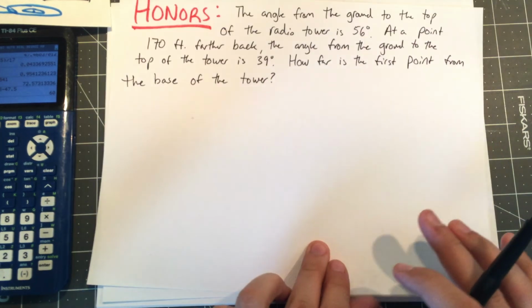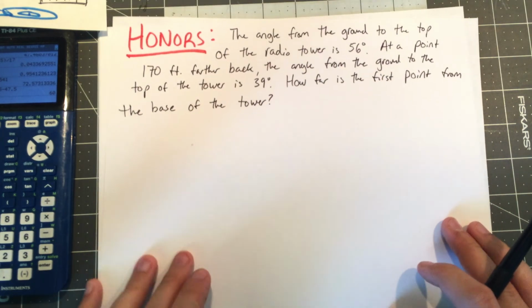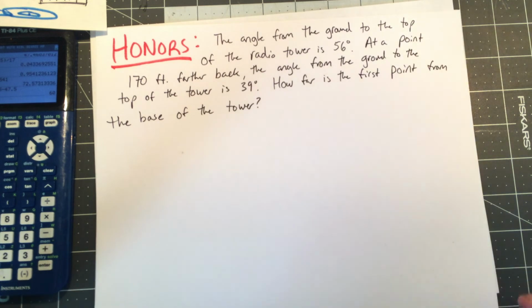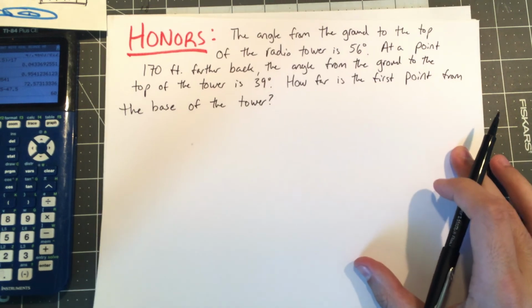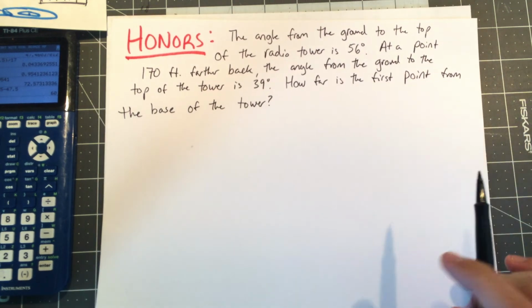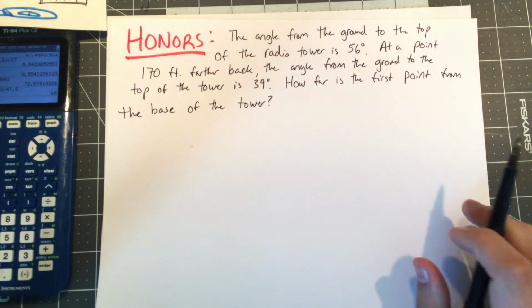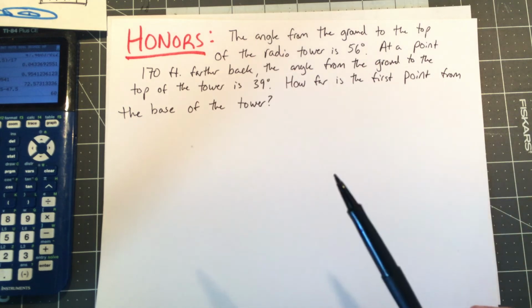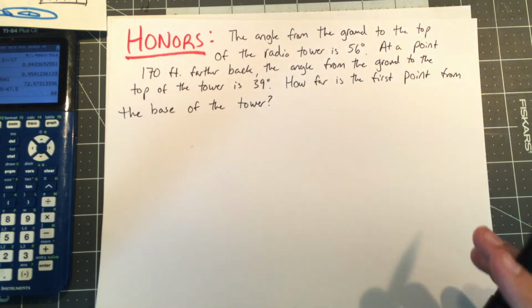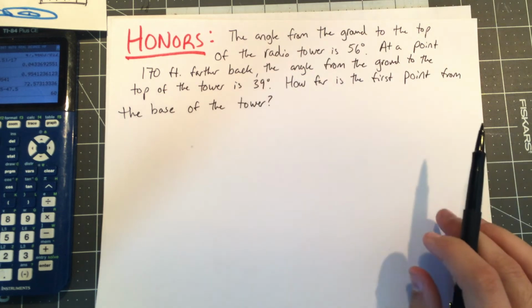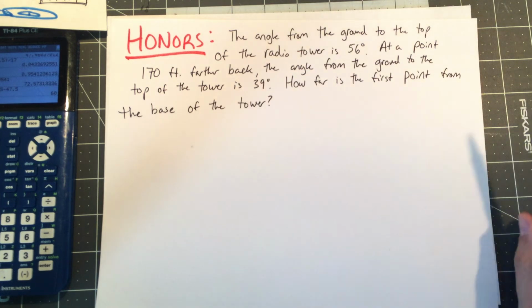It's actually the one from your little notes check. Here we are. The angle from the ground to the top of a radio tower is 56 degrees. At a point 170 feet farther back, the angle from the ground to the top of the tower is 39 degrees. How far is the first point from the base of the tower?